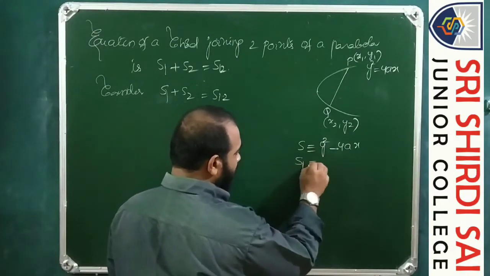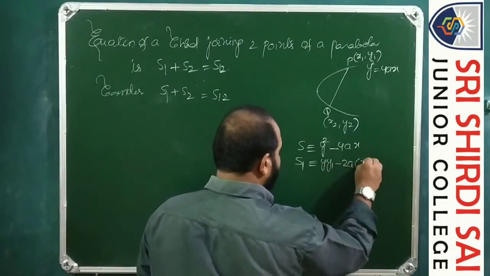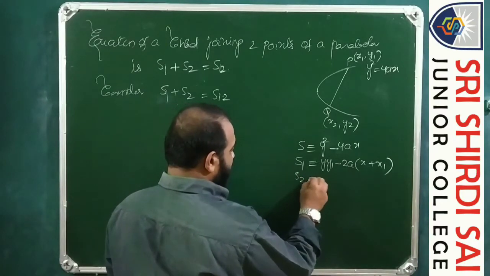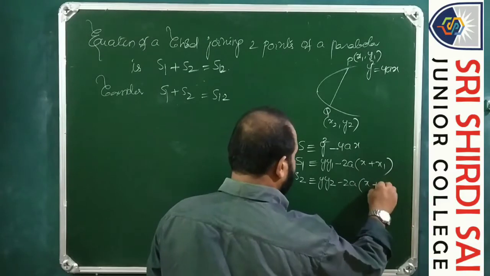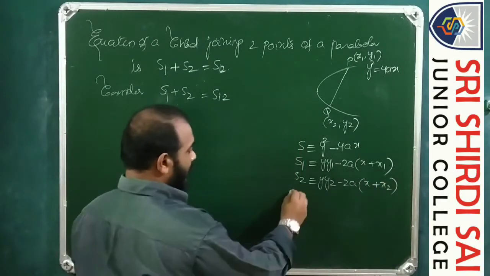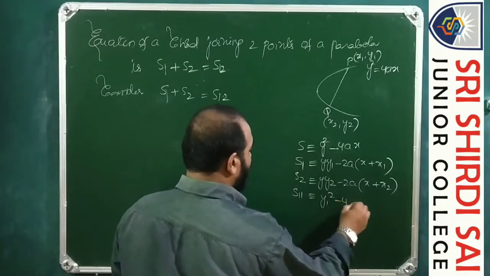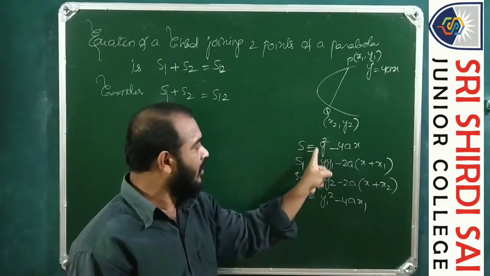S1 is y1 y minus 2a into x plus x1. S2 is y2 y minus 2a into x plus x2. S11 is y1 square minus 4a x1, simply substituting the point x1 y1 in the parabola.